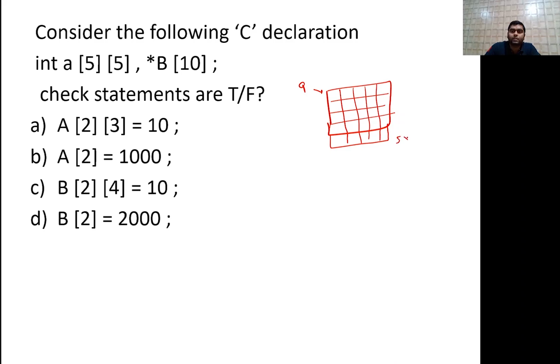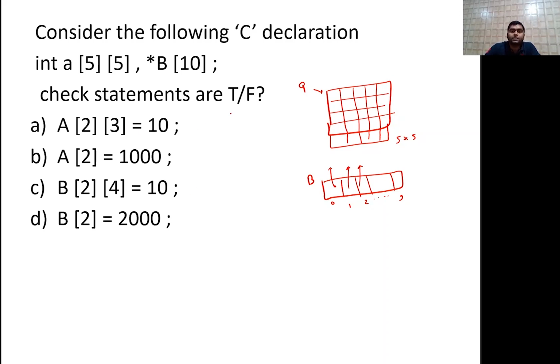So this is an array of 5 by 5. And star B of 10 means B is a pointer array of 10 elements. So it is 0 1 2 and so on, the last value is 9, and each value points somewhere. This is a pointer array. I hope you are getting it.